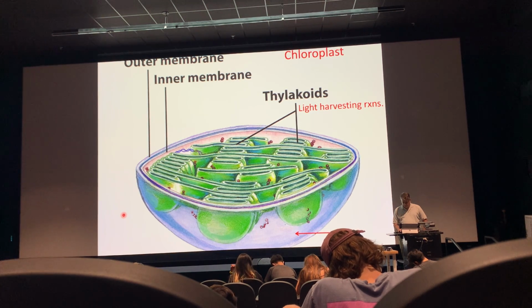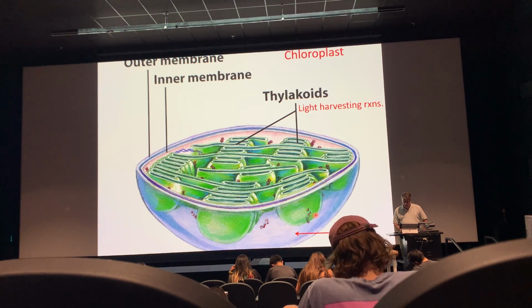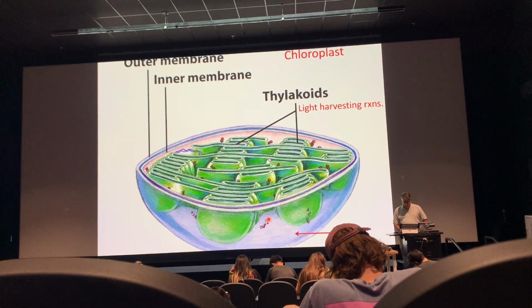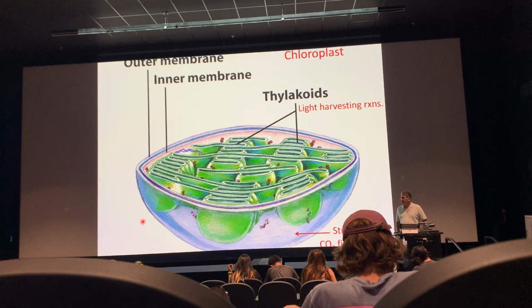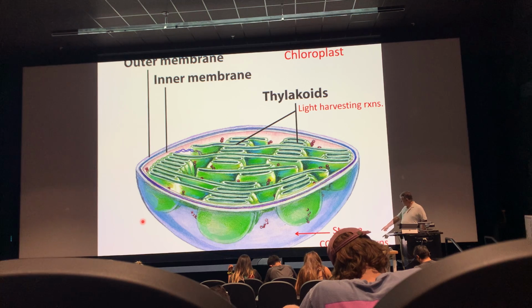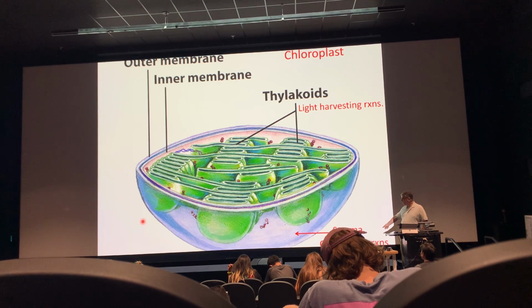Out here is the stroma, the liquid that bathes on the outside these membranes, and the stroma is where the Calvin cycle occurs, or what we sometimes call carbon dioxide fixation reactions.